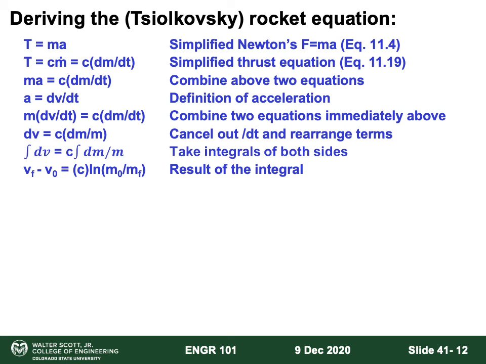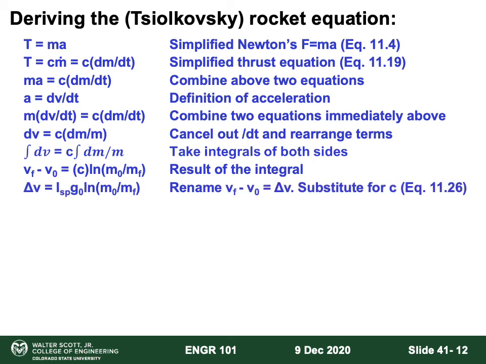So now we have something that we can work with, and we have this natural log relationship. So we can redefine some things. The final velocity minus the initial velocity, we'll just call that delta V. We will substitute in for this C as being the specific impulse times the acceleration due to gravity, and we have the equation that you see there.